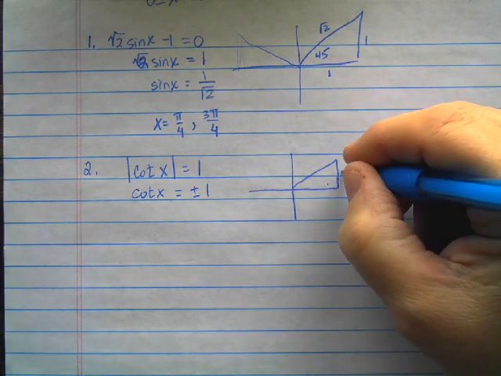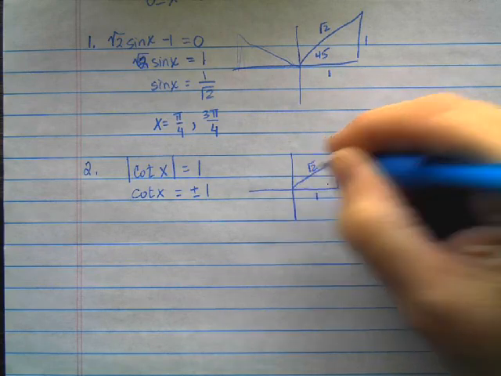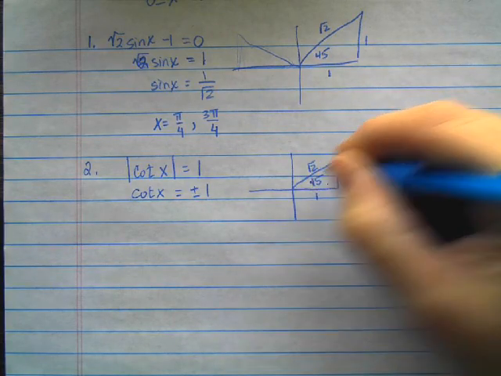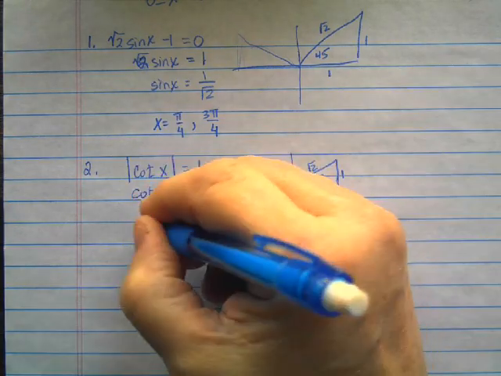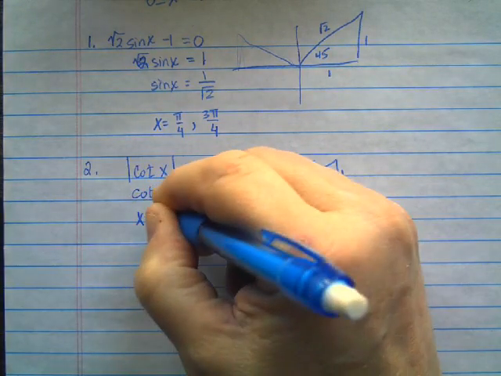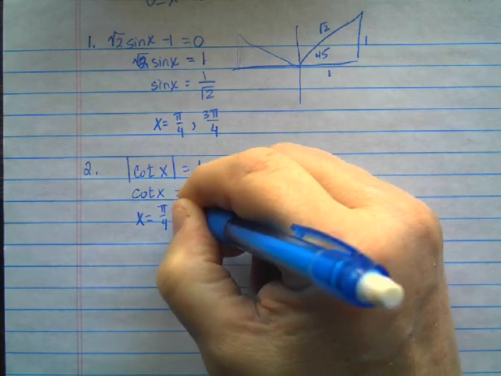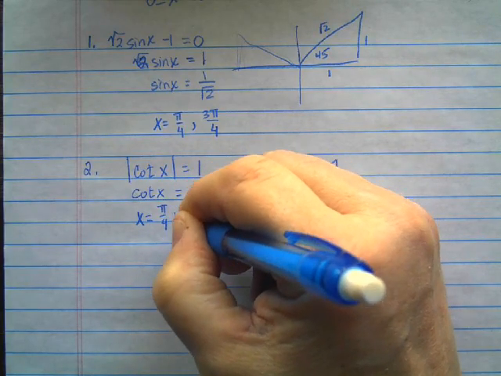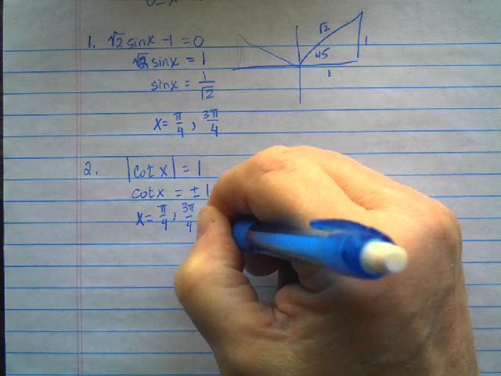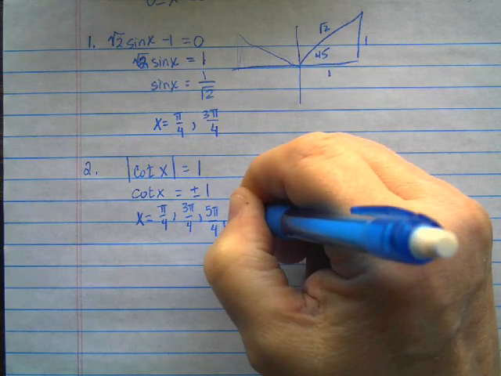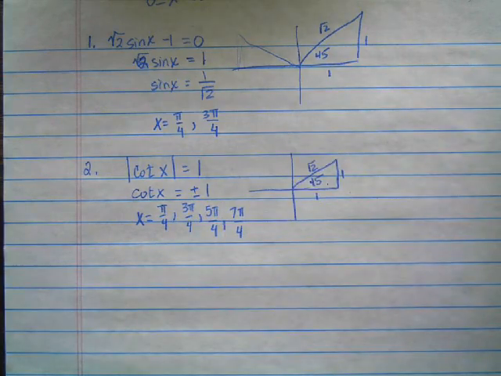And so this would be 1, 1, square root 2. So we're looking at the 45-degree angles. And like I said, we need all 4 of them. So we get pi over 4, 3 pi over 4, let's see, 5 pi over 4, and 7 pi over 4. That would be the answers to that one.